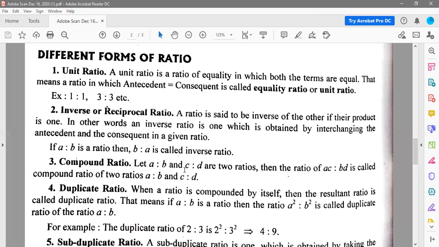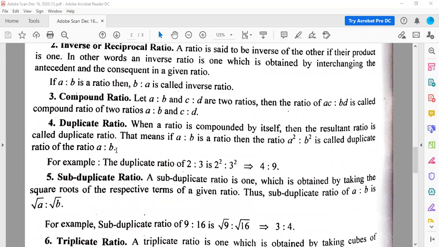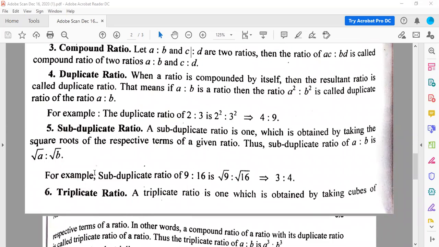That is compound ratio. Any doubts from the first three types of ratio? Any ratio you want me to repeat again? Okay, now let us go to the next type of ratio, that is duplicate ratio.